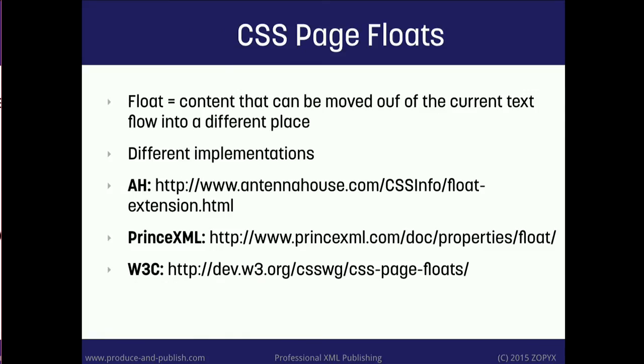One note on floats. Floats are one of the hot topics right now, and they're treated differently in all converters. There is currently a draft for a standard for handling floats at W3C.